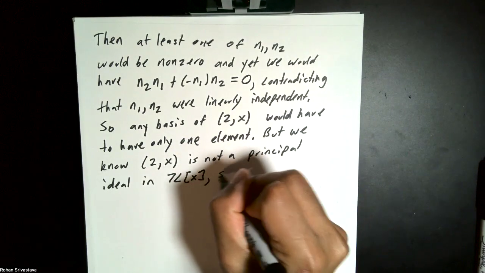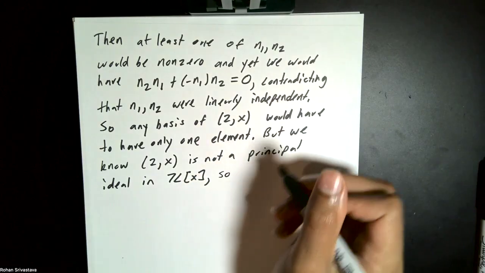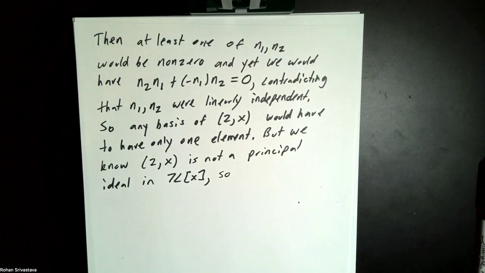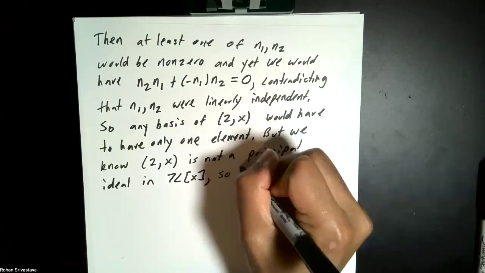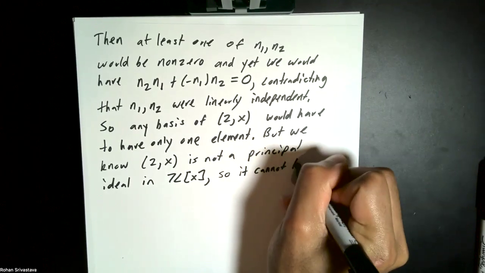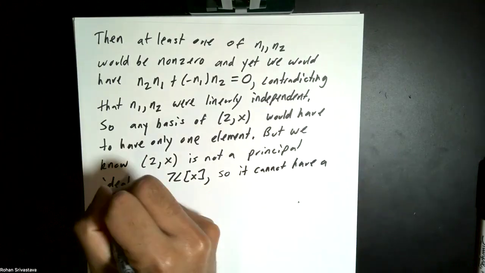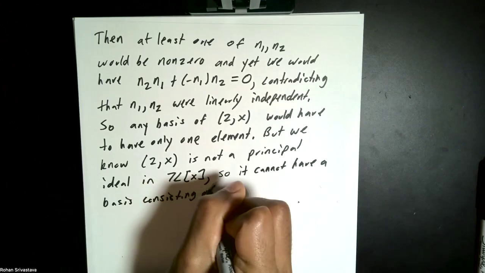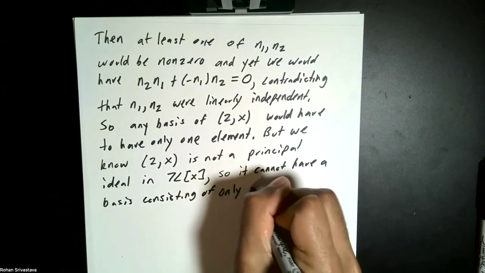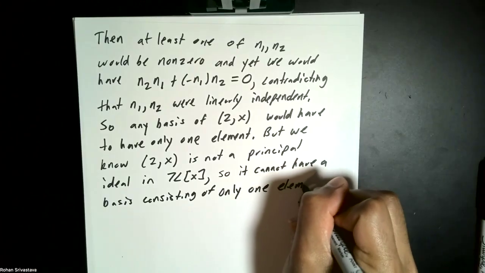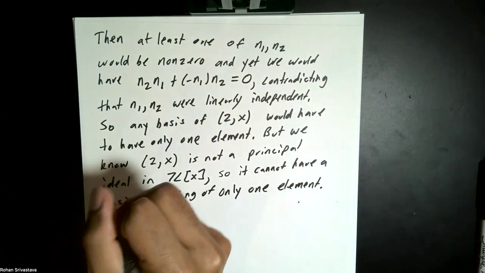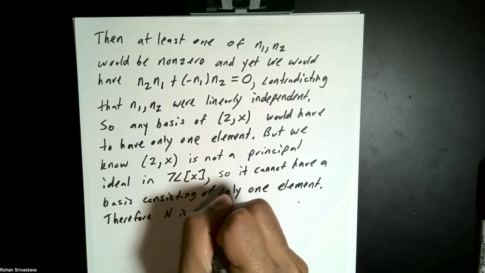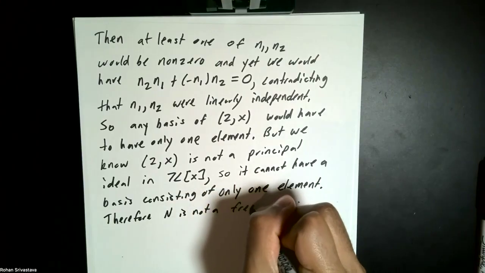So since this is not a principal ideal, it can't have a basis consisting of only one element, because if it did, then it would be principal. So it cannot. Therefore, N is not a free module.